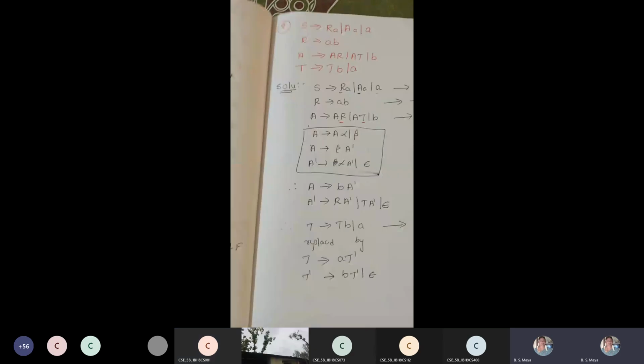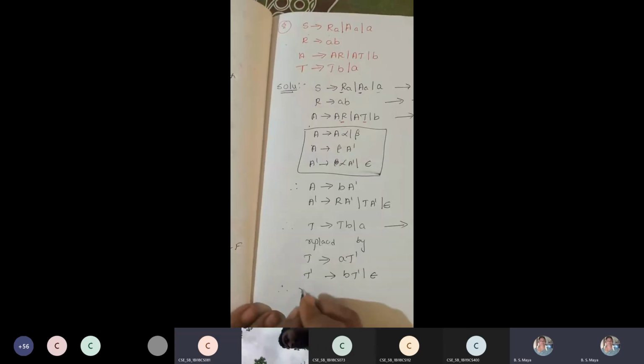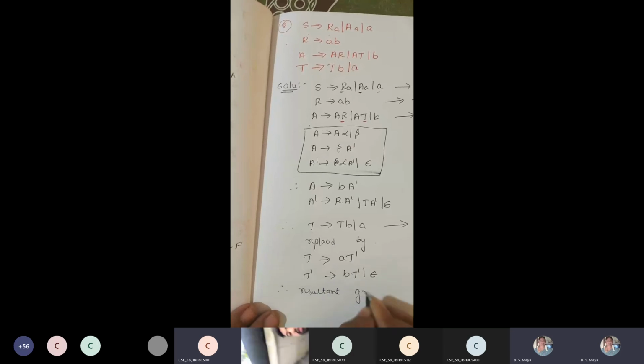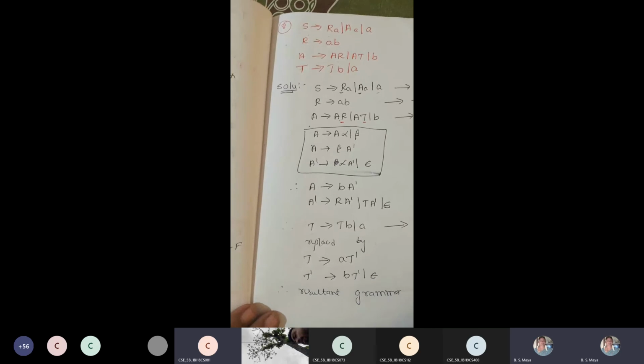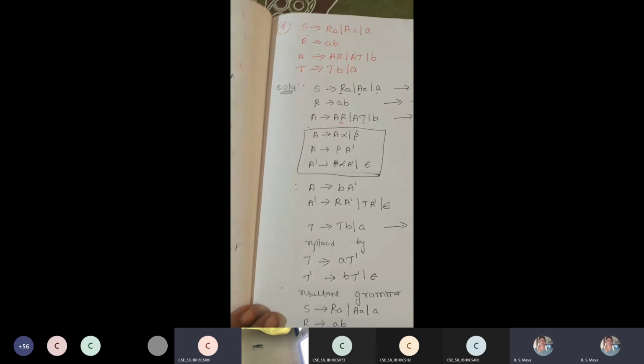Okay, then the resultant grammar. Don't forget the resultant grammar; the examiner will check your resultant grammar. S derives RA, R derives AB.